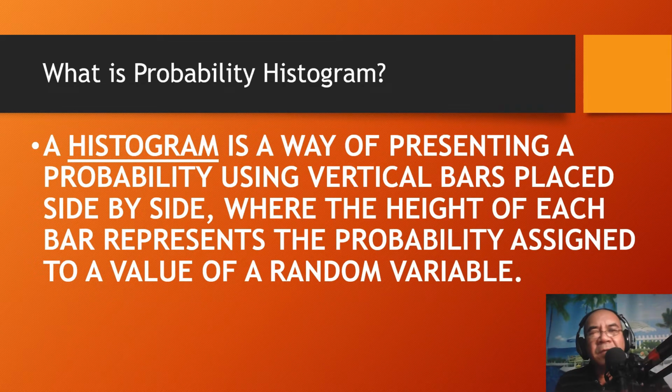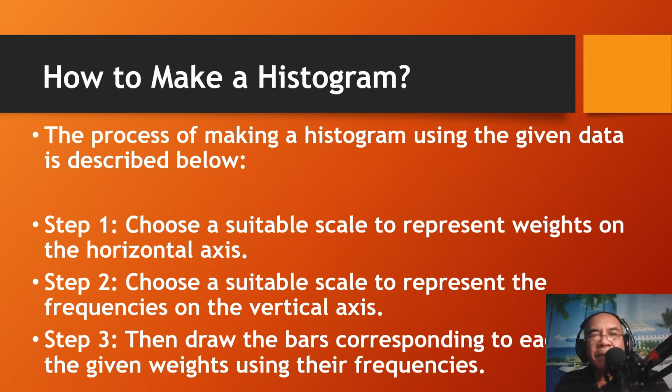By the way, what is a probability histogram? A histogram is a way of presenting a probability using vertical bars placed side by side, where the height of each bar represents the probability assigned to a value of a random variable. How to make a histogram? The process of making a histogram using the given data is described below.